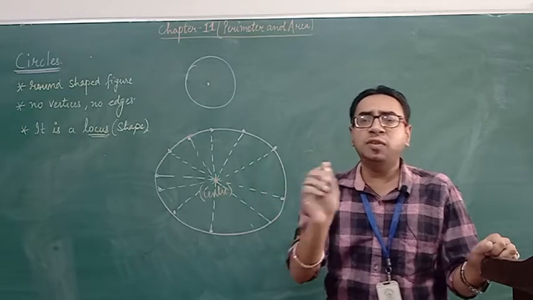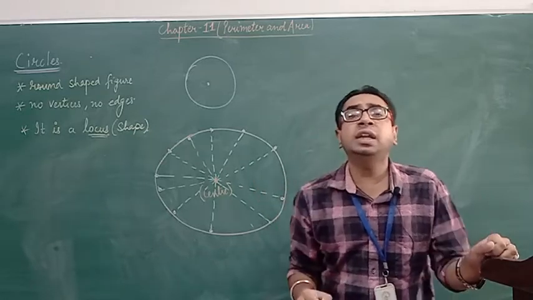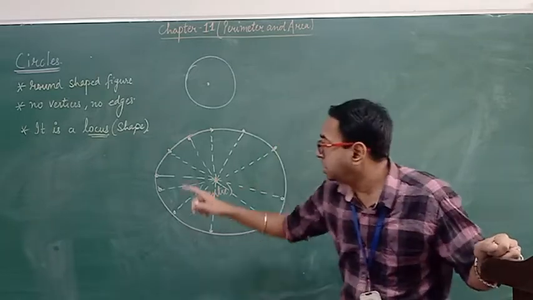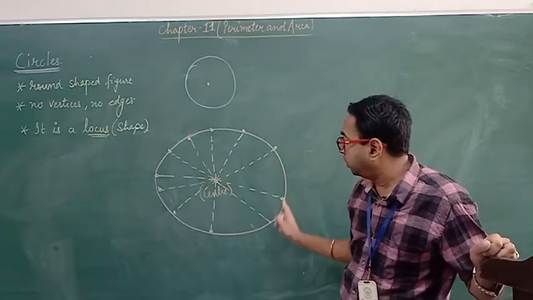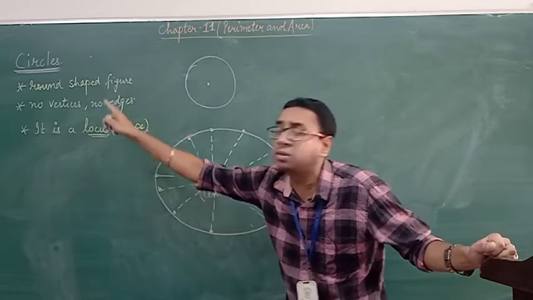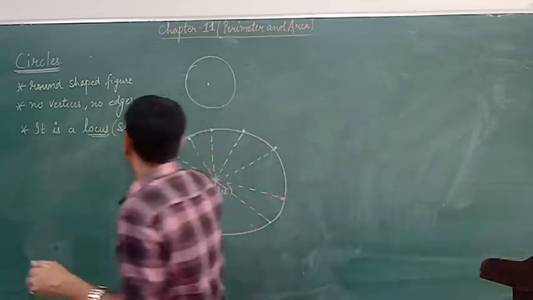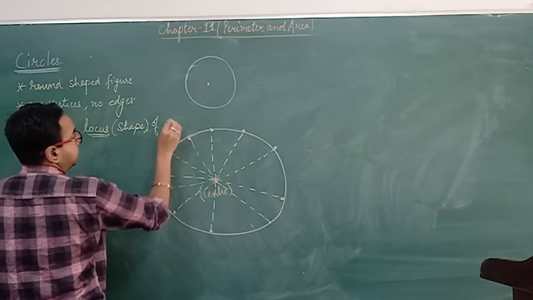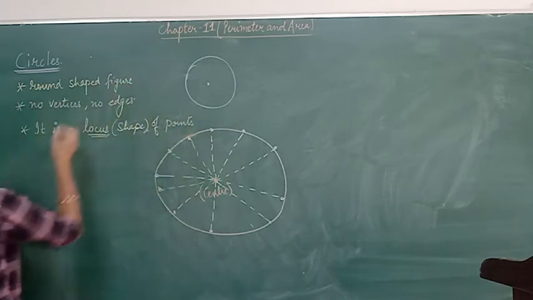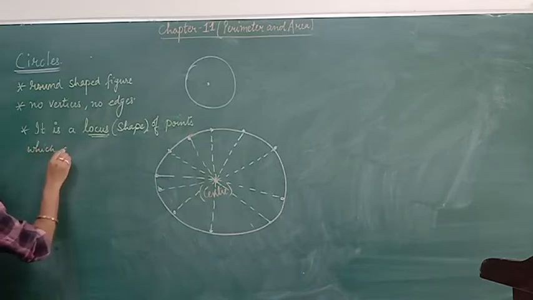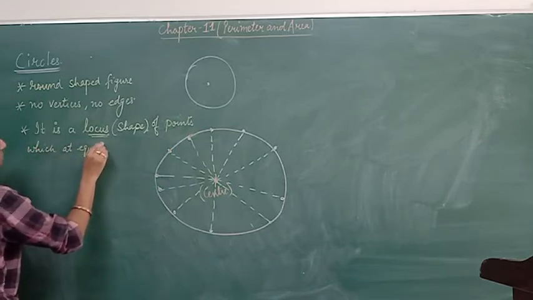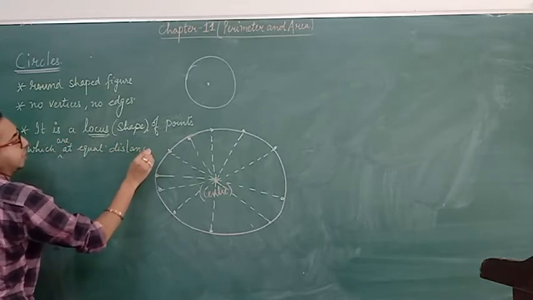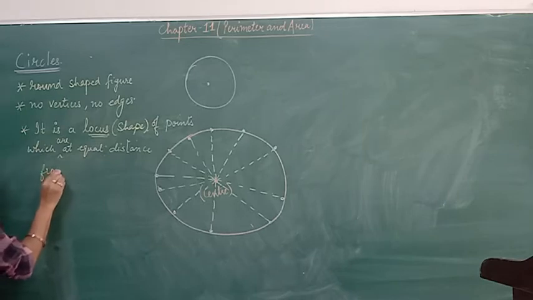If any figure is given to you and you join the points, you will be getting a particular locus for that particular figure. So here, if I join the points, the locus which I got, the shape, is a circle. The locus of points which are at equal distance from a fixed point.